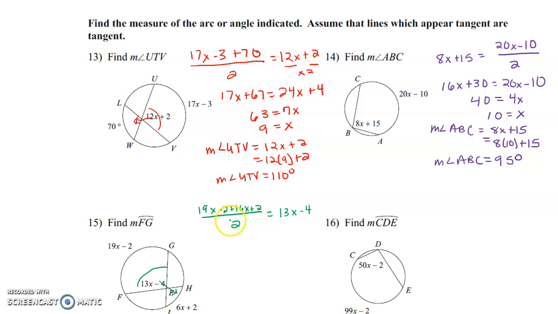Okay, so I'm going to combine my like terms up here, which is going to give me, let's see, 19 plus 16, 35x equals, let's multiply, we get 26x minus 8.